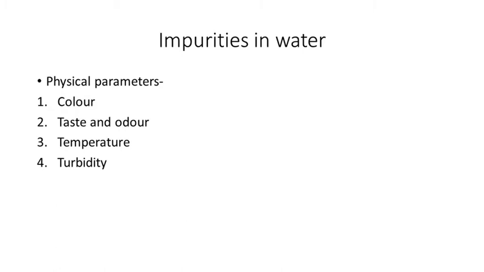Basically the turbidity varies from 1 to 5. That means you can accept that water for domestic purposes when the turbidity is from 1 to 5 NTU. Up to 5 NTU you can accept that water for drinking and domestic purposes. So that is the turbidity.